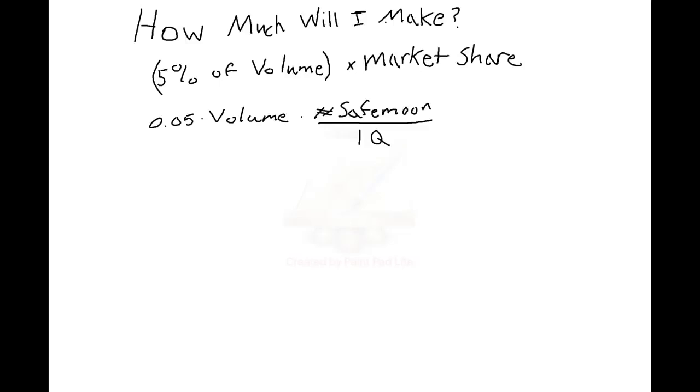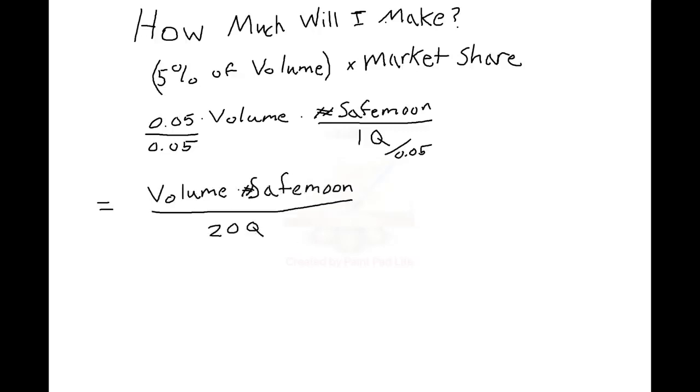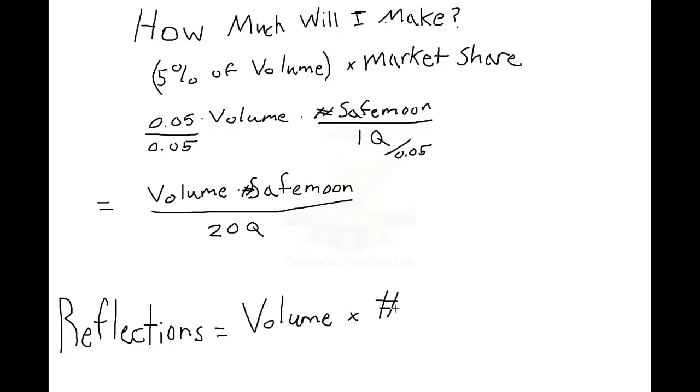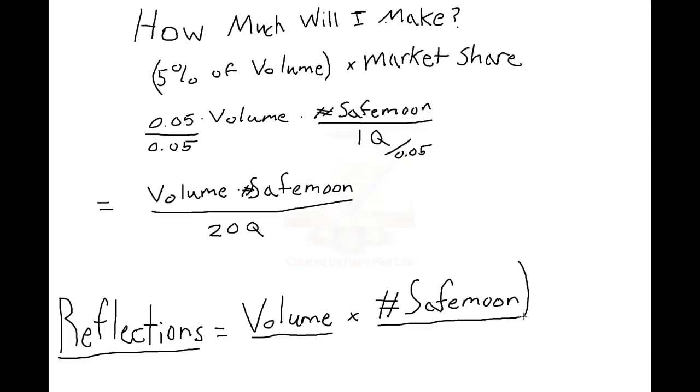Now let's rewrite this a little bit. Let's put that 0.05 into the denominator, and we get a much nicer equation: reflections equals volume times Safemoon divided by 20 quadrillion, 2 with 16 zeros. By rewriting the denominator, we can see that reflections is nothing more than volume times Safemoon multiplied by a constant, 1 over 20 quadrillion. That part doesn't change. But what's beautiful about this is it tells us exactly what we need to know.